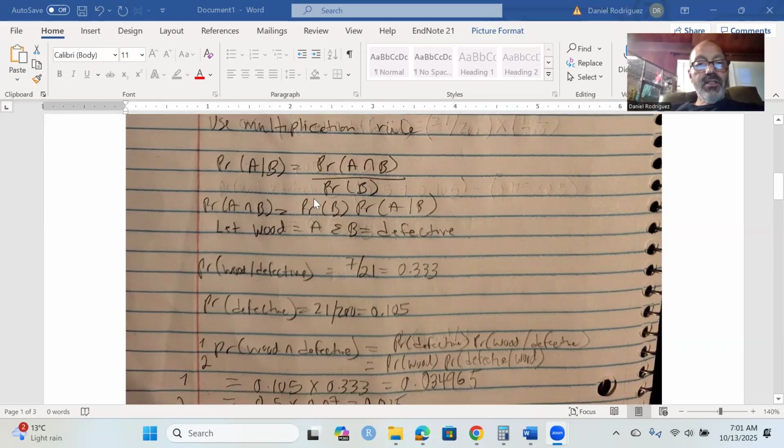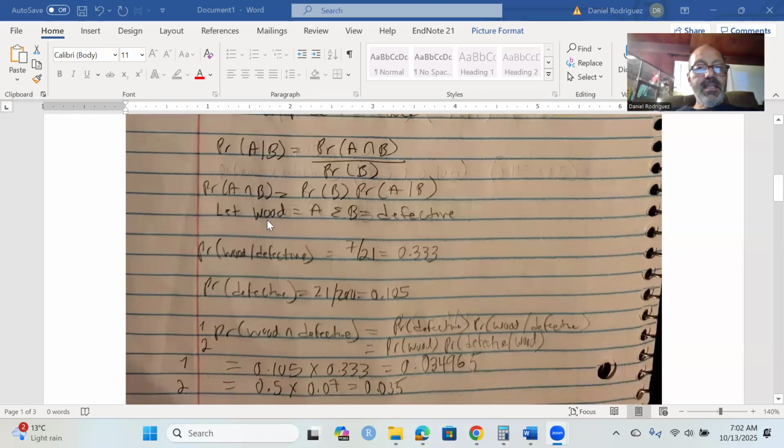Rearranging this equation to isolate the probability of A and B, and intersection are the same. The probability of A and B is equal to the probability of B times the probability of A given B. So I'm just rearranging this equation, multiplying both sides by the probability of B.